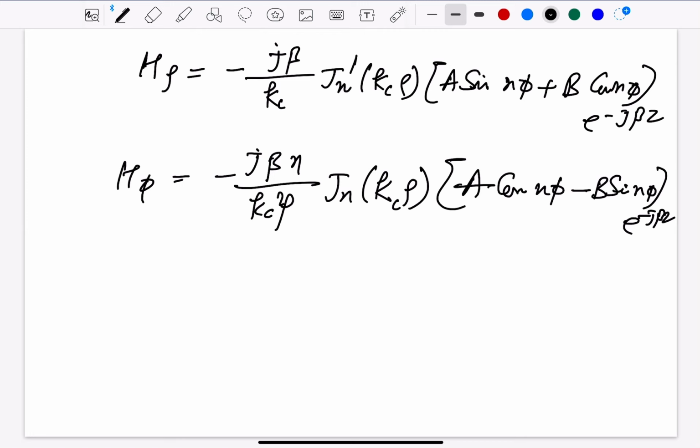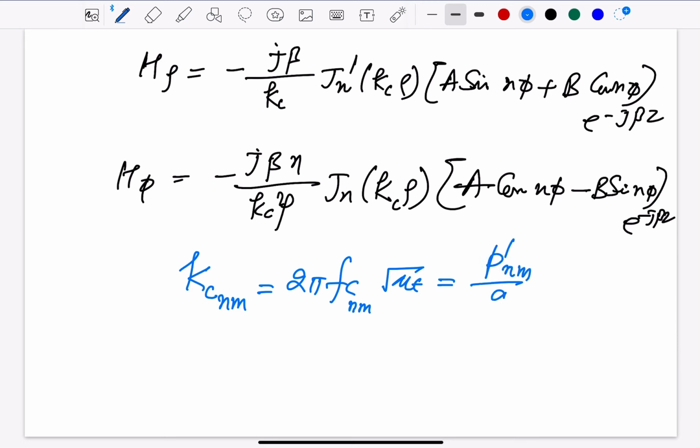Now the cutoff frequency could be determined like this: Kc nm is equal to 2 pi fc nm under root mu epsilon, which is equal to P prime nm over a. So fc nm is equal to P prime nm over 2 pi a root mu epsilon.